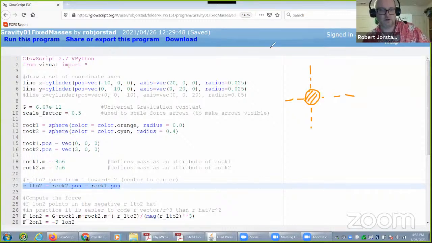Rock 2 is cyan, and it's sitting over here 3 units. That's 3 units over, right? So now take a look. If I go from 1 to 2, this is initial and this is final. So that's going this way.